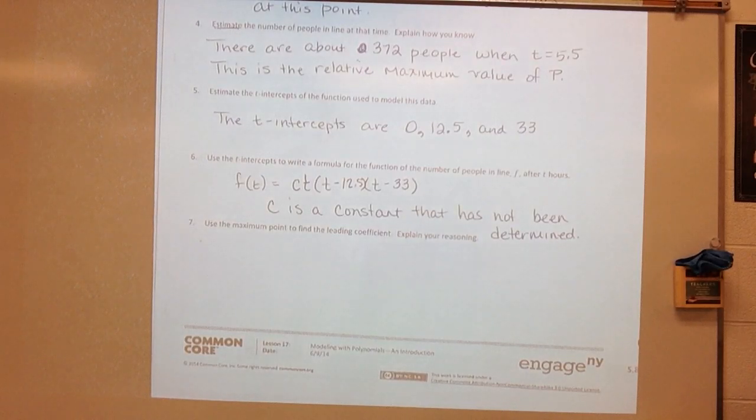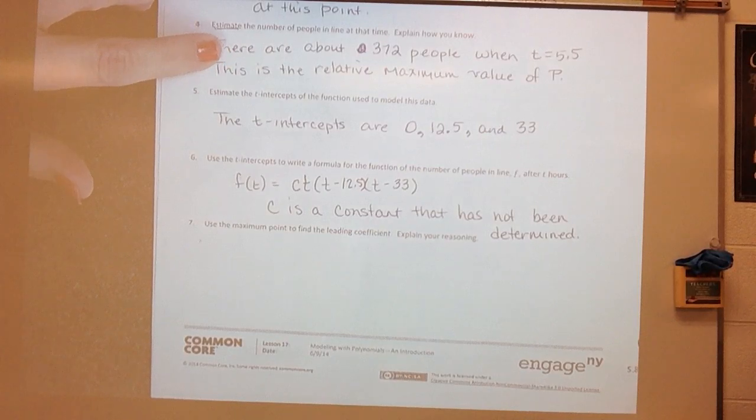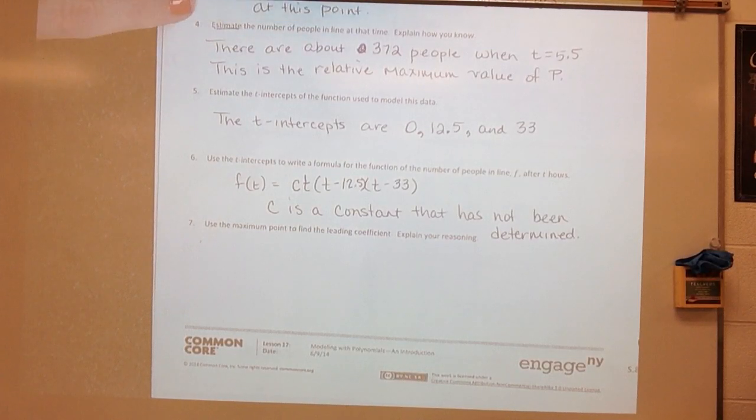Use the maximum point to find the leading coefficient and explain your reasoning. Okay, so we estimated our maximum point that when t was 5 and a half, we should get about 372. All right?